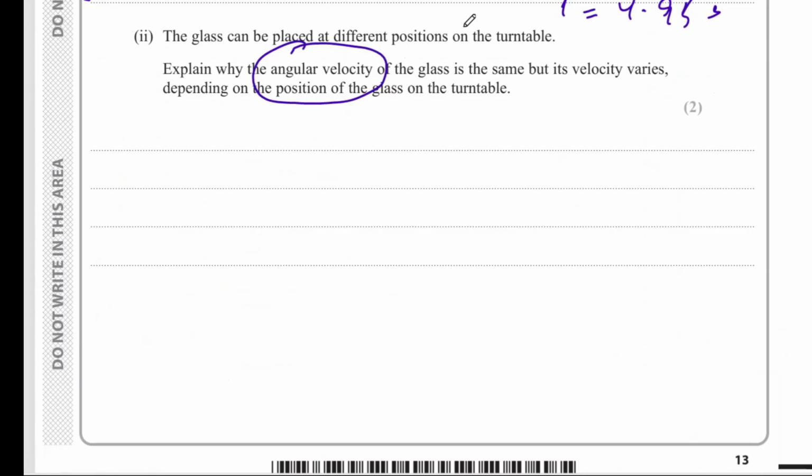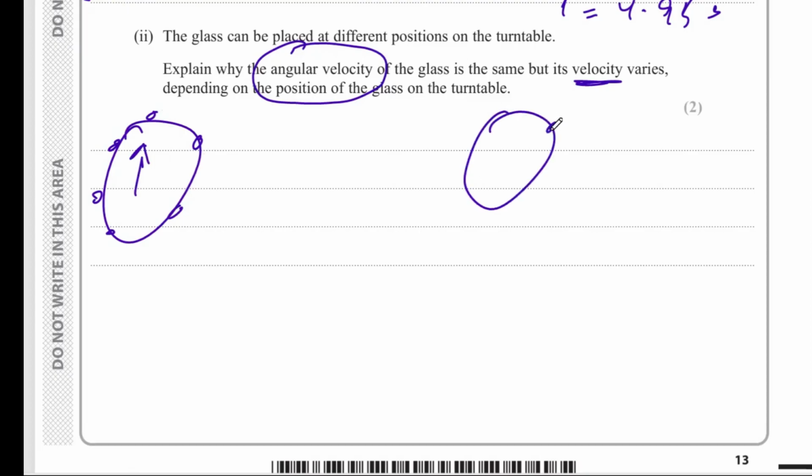You just need to close your fingers in the direction of motion, and your thumb should be pointing towards the direction of angular velocity. So what does that mean? Wherever the object is here, the angular velocity would always be upward, right? But if you talk about the tangential velocity, remember that it would always be tangent to the point where it is.